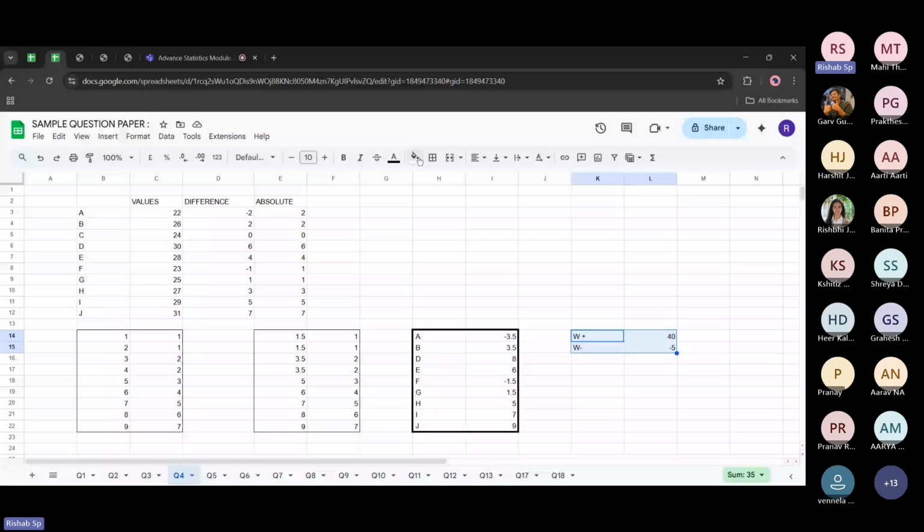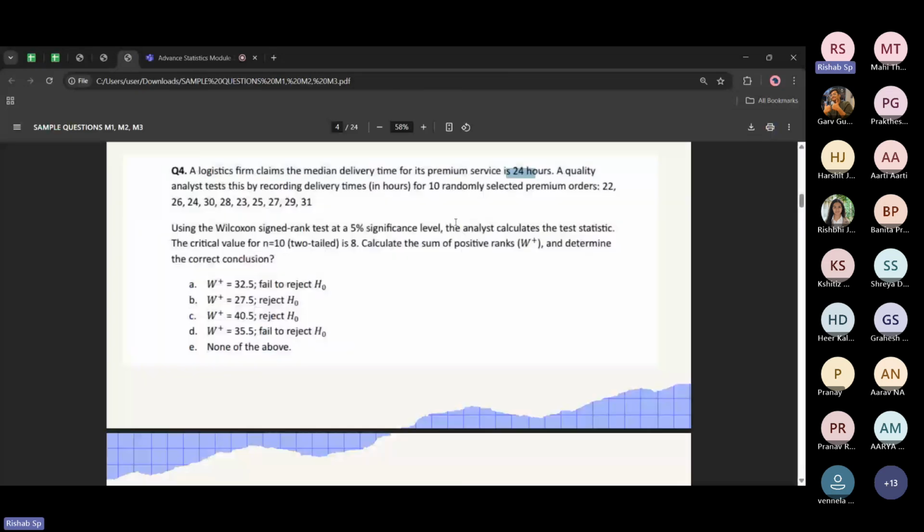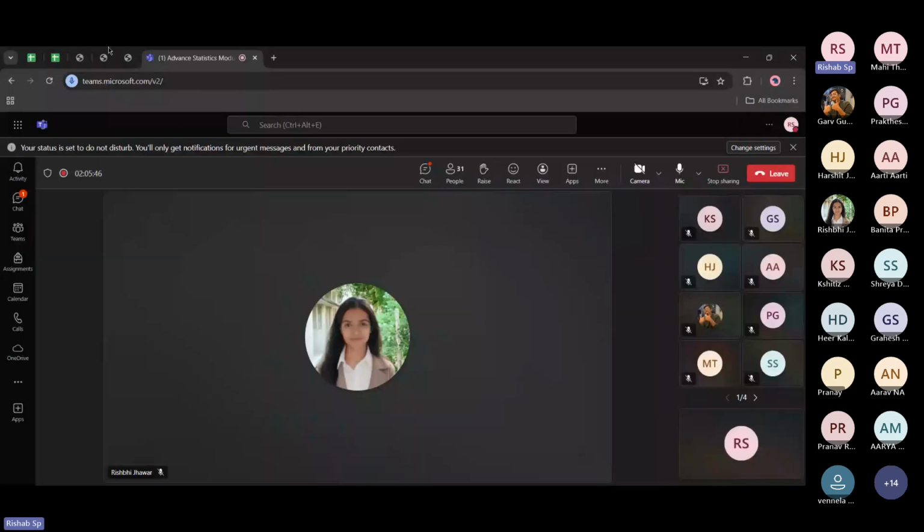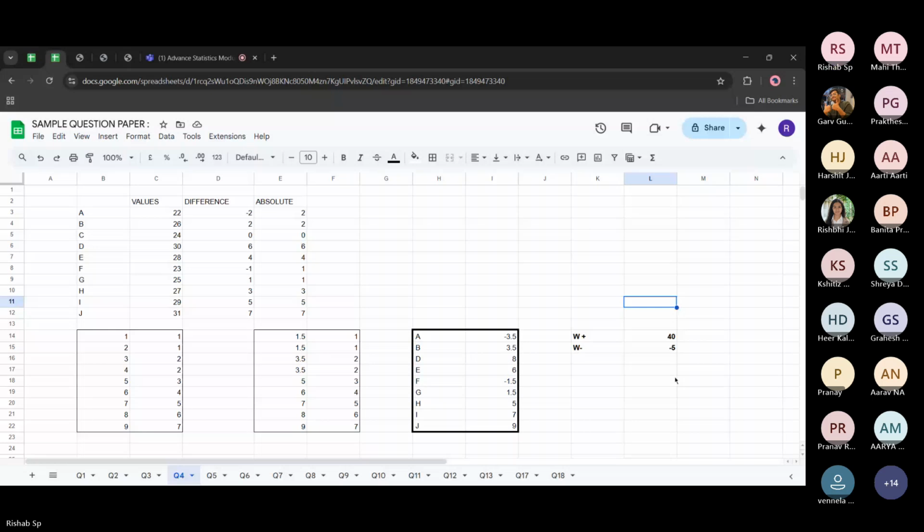So the W minus is 5. So what's the critical value for n equal to 10, the two-tailed test? 8, right? n is equal to 10, two-tailed test is 8. So we'll take the absolute value of both values. It is 40 and 5.